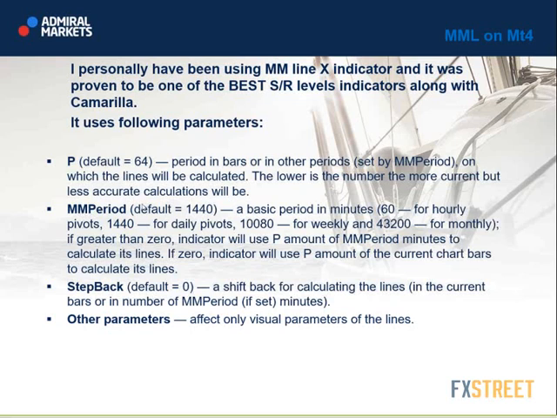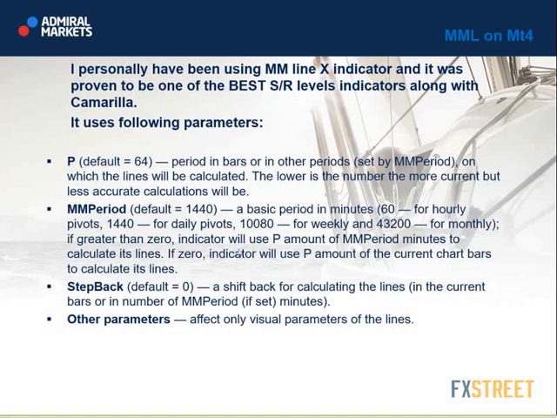Murrey period is set to 1440 by default. That means a basic period in minutes. We use 60 for hourly pivots, 1440 for daily pivots, 10080 for weekly, and 43200 for monthly pivots.